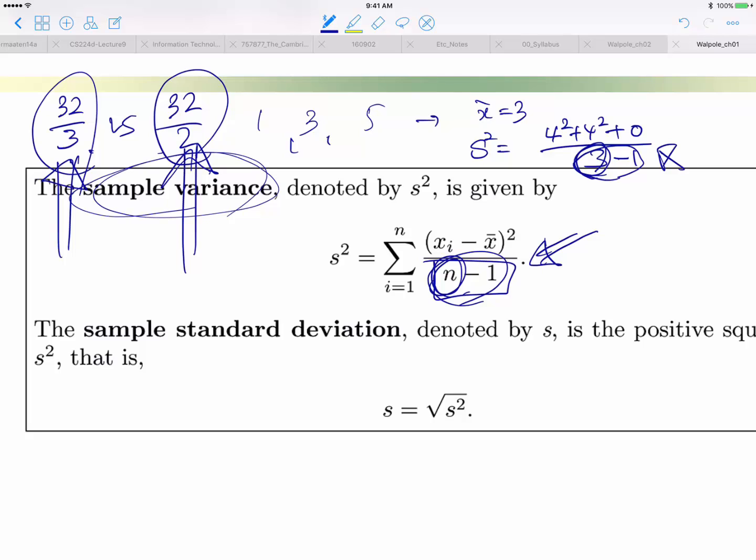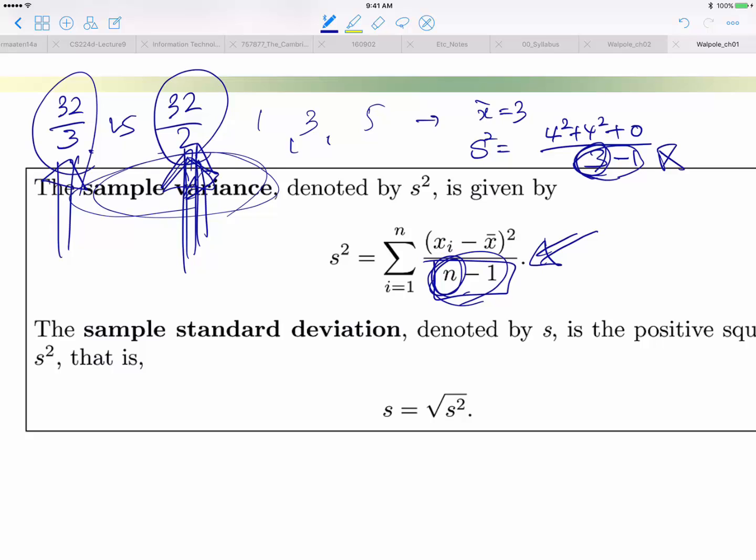The right one, right? So previously we actually underestimated our variance compared to the true variance. In this case, the variance is estimated as a larger value than we used to know.